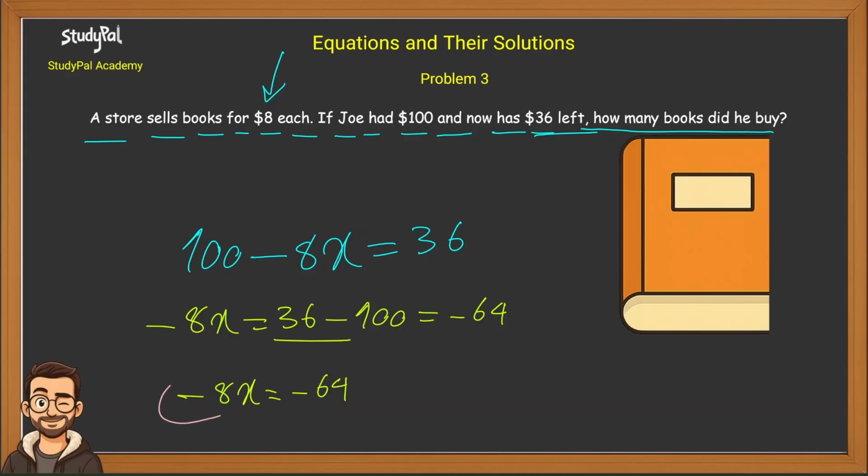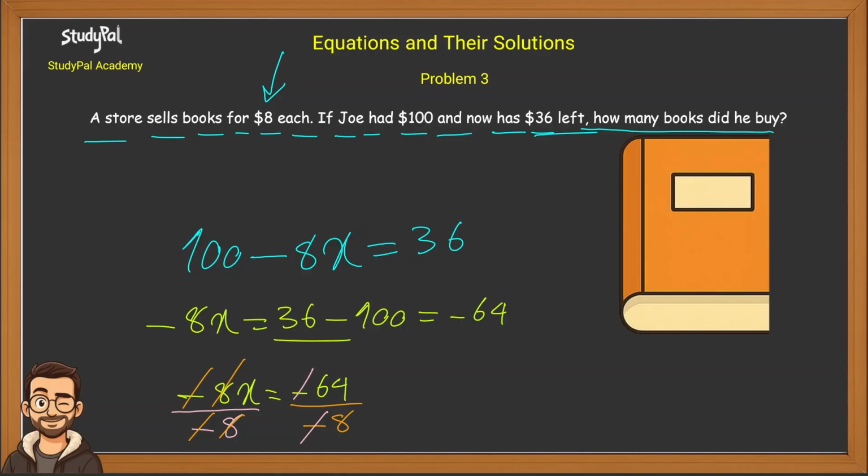Again, I don't like this coefficient here. So I need to divide the left hand side by minus 8. Why? Because the minus sign goes with the minus sign and 8 goes with 8. On the left hand side we have x alone. But again, you need to do the same thing to the right hand side.